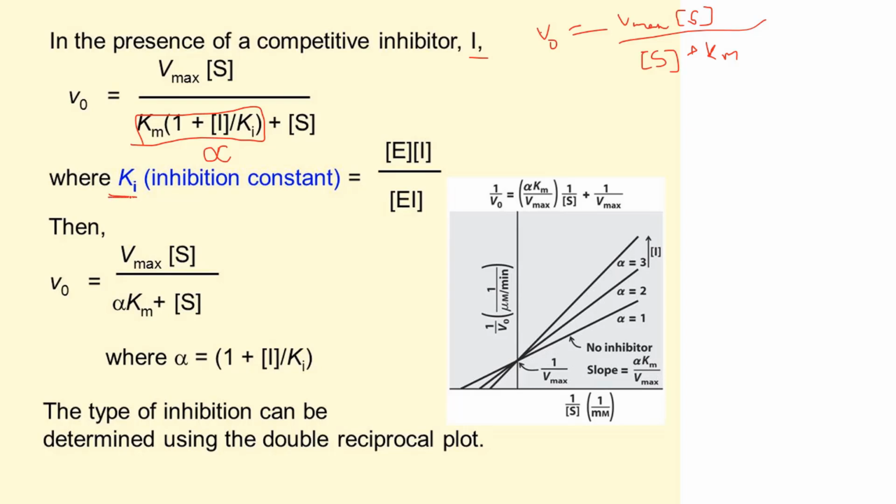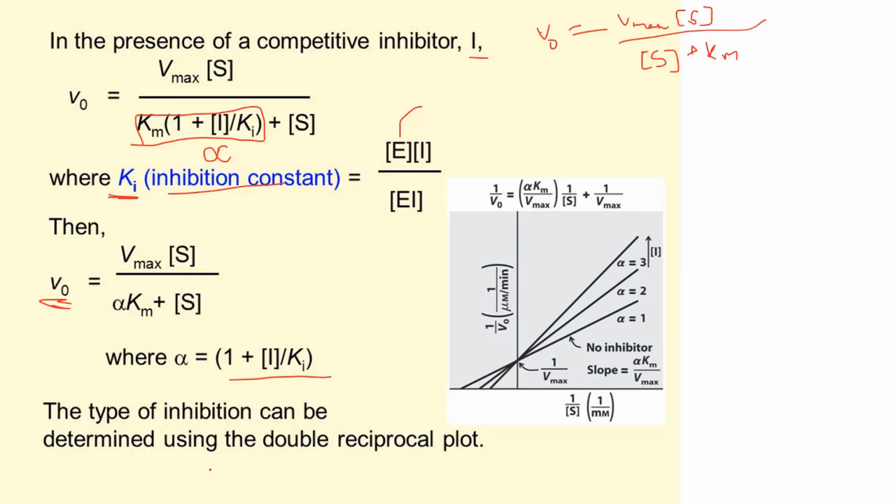And Ki, the inhibition constant, is the concentration of free enzyme E multiplied by the concentration of inhibitor, divided by the concentration of the enzyme inhibitor complex. This is the free enzyme, free inhibitor, and this is the enzyme inhibitor complex. Then you can calculate V0 by replacing this by alpha.